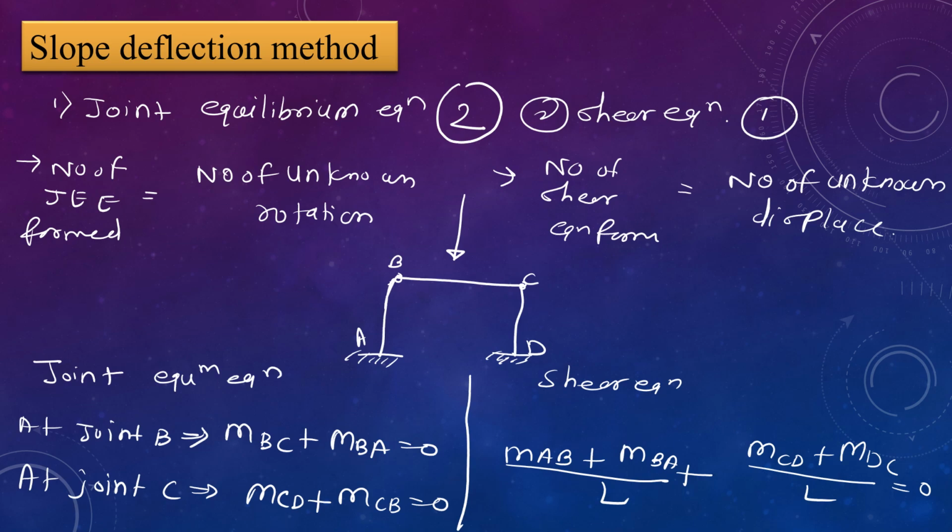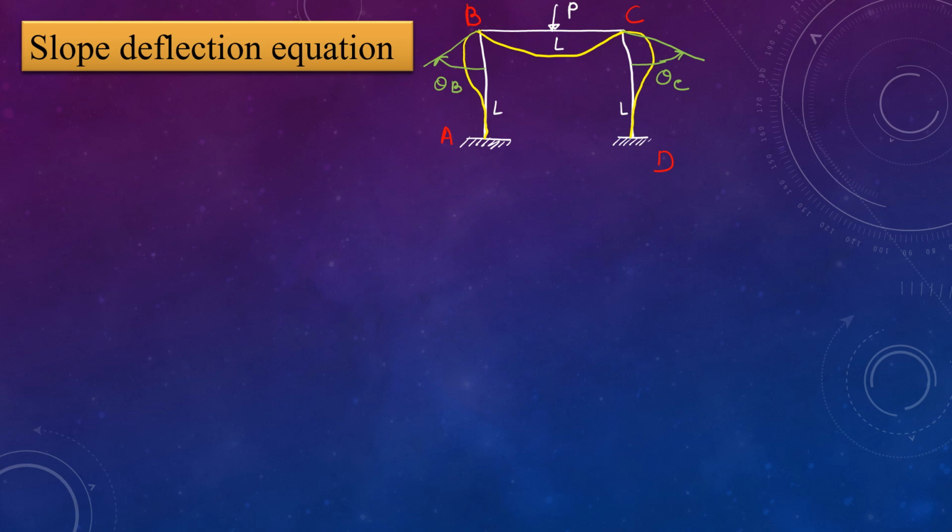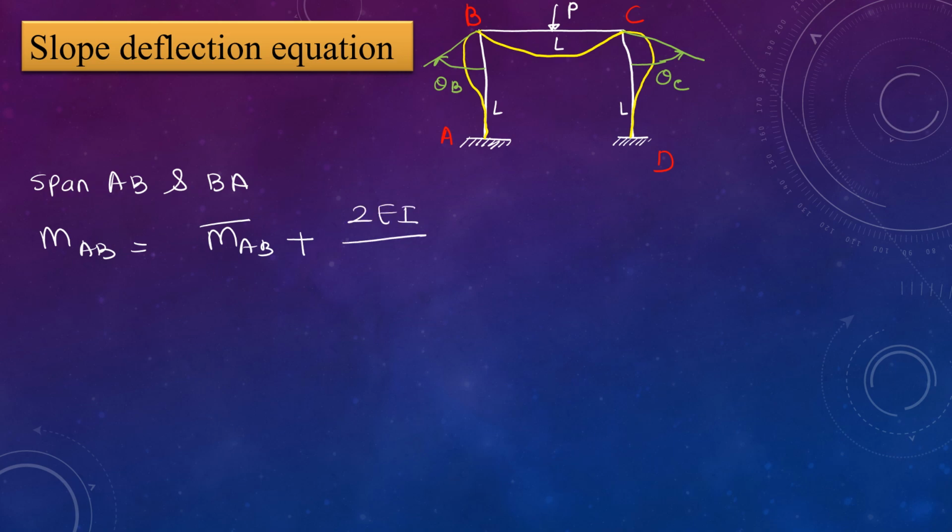Then next is the slope deflection equation. Here is an example of a frame with fixed support at both ends and a point load P on the span, and the slope deflection equation for span AB and BA is: MAB is equal to MAB bar plus 2EI divided by L into (2 theta A plus theta B).